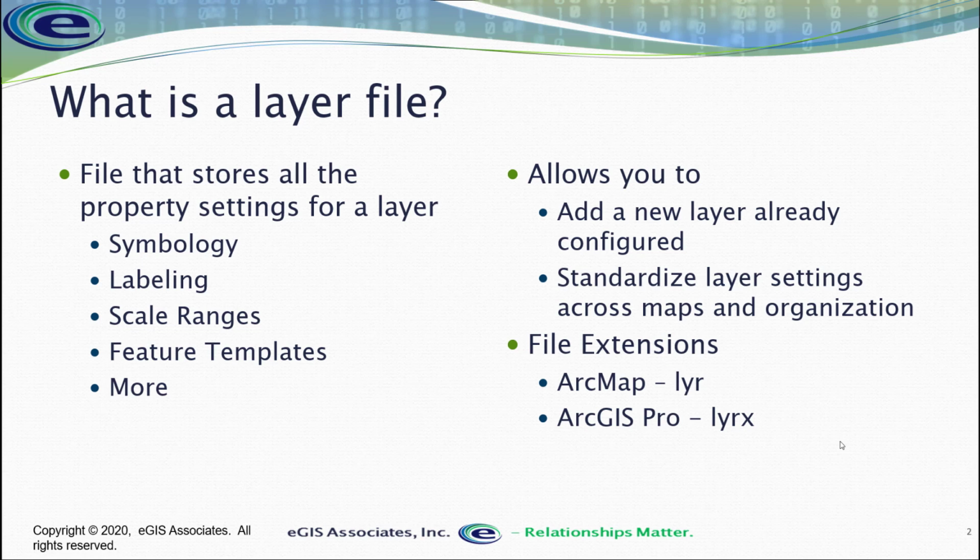So when you want to add that layer either into the map you're working in or a new map in a new project or a new MXD file, whatever, you can point to that layer file instead of going directly to the feature class in the geodatabase or the shape file or whatever it is, and add the layer file to the map, and then all of those settings come in already configured. You don't have to manually go back and reset all those. So this really can reduce the amount of time it takes you to produce new maps.